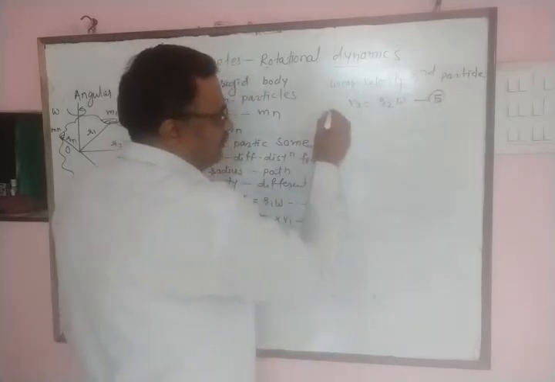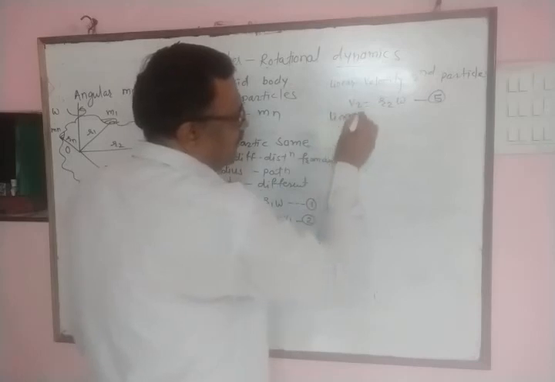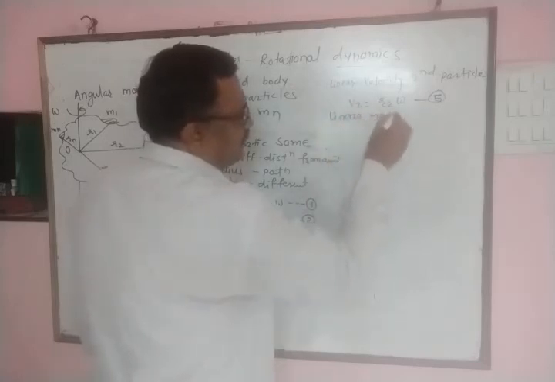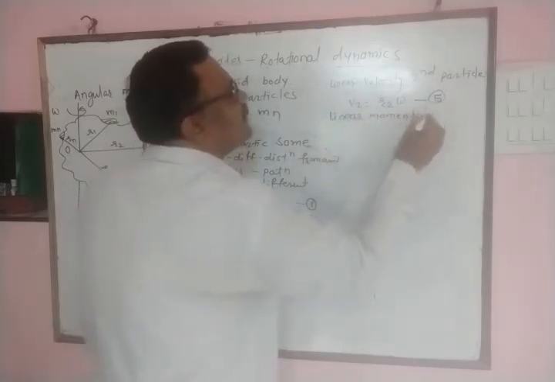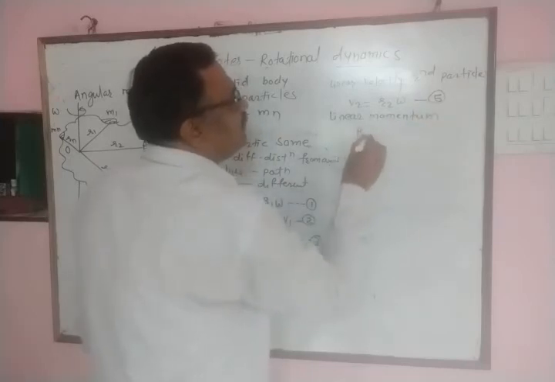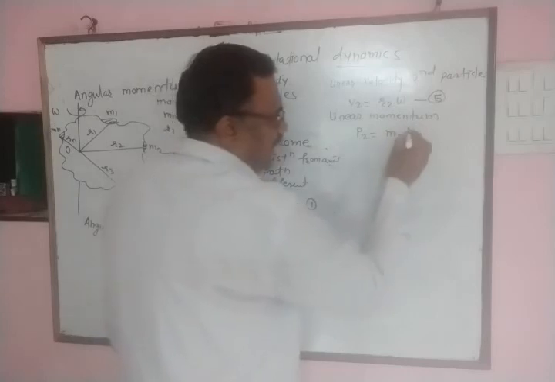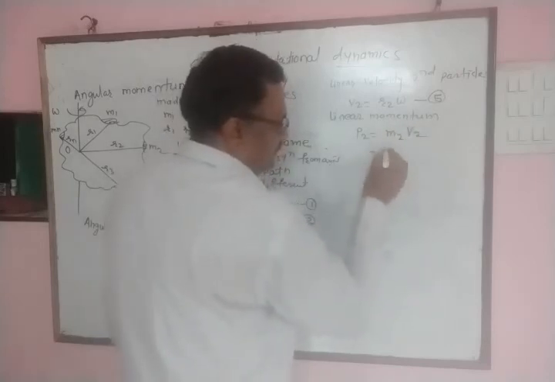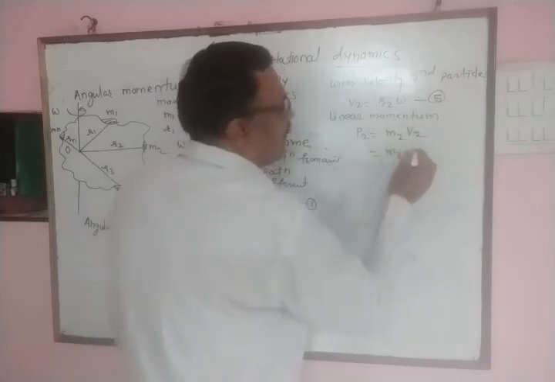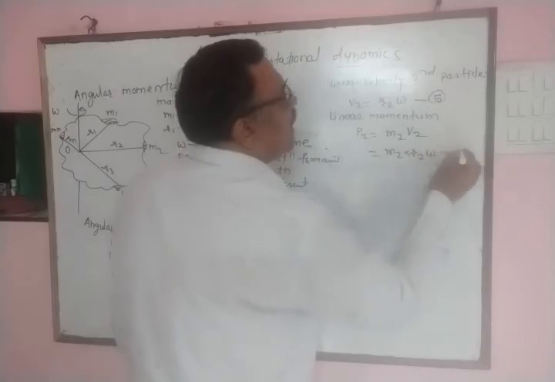The linear momentum of the second particle, denoted by P2, is the product of mass and velocity: M2 R2 omega.